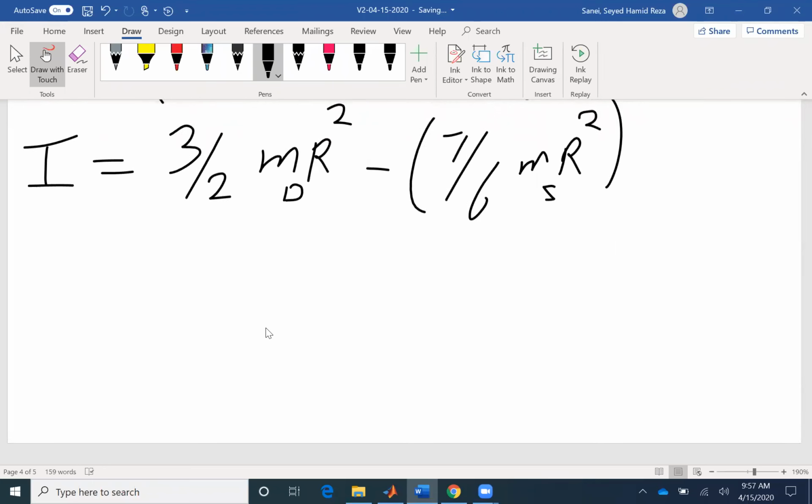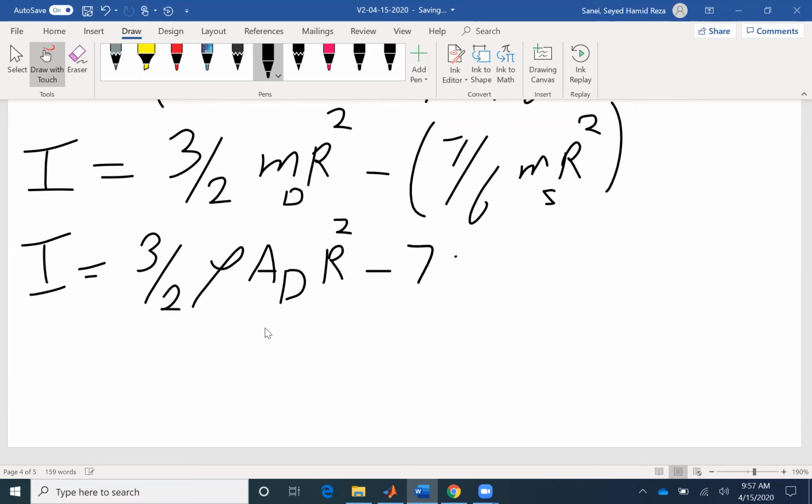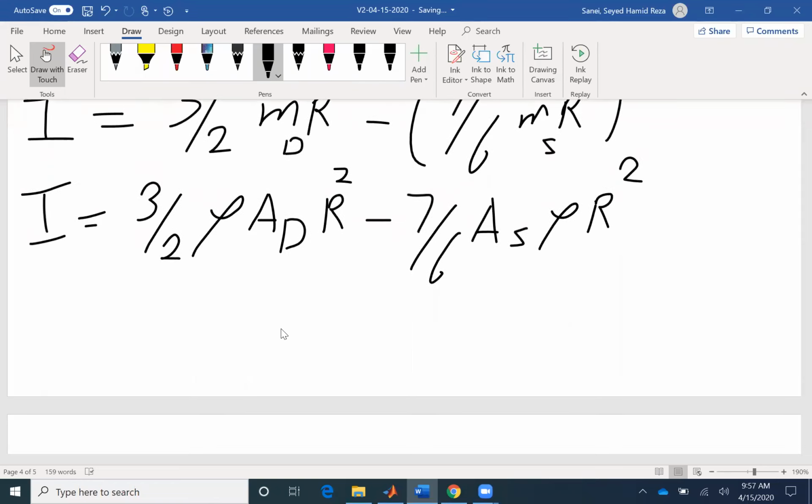But we know mass is nothing but the density times a volume, so we could write it as a function of density and volume. So 3/2, instead of mass, I write rho A_D, the area of the disk, r squared, minus 7/6 area of the square, and I have rho r squared. The area of a disk is pi r squared, so that would be 3/2 rho pi.